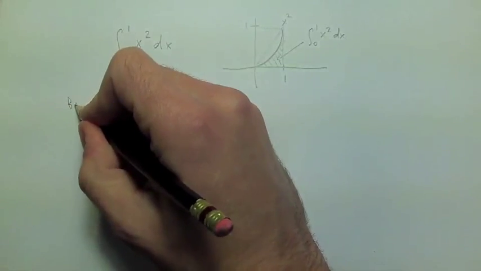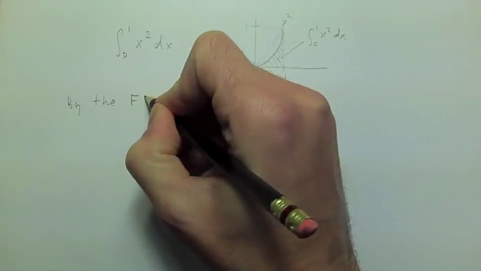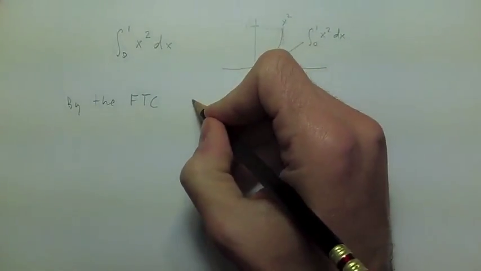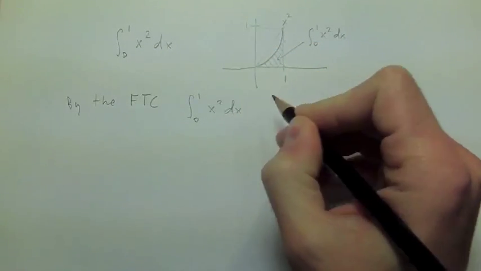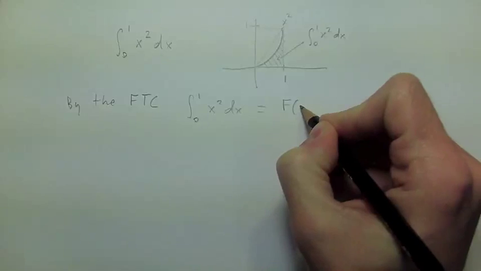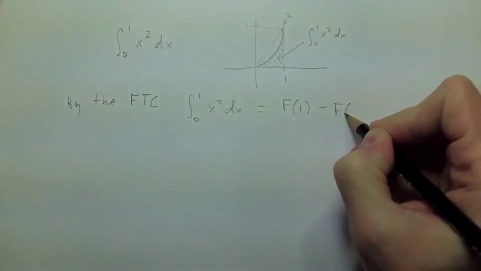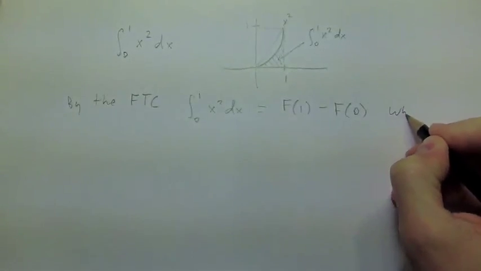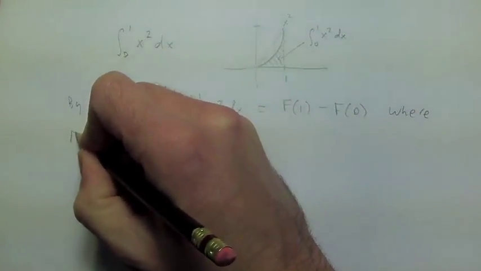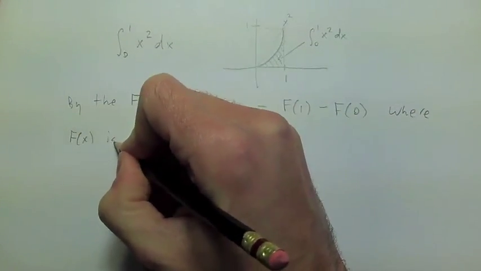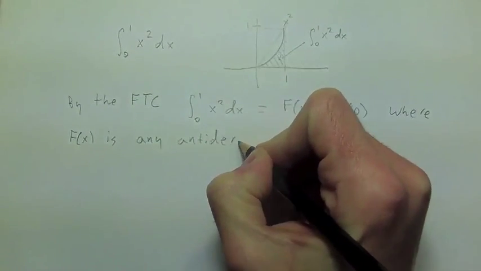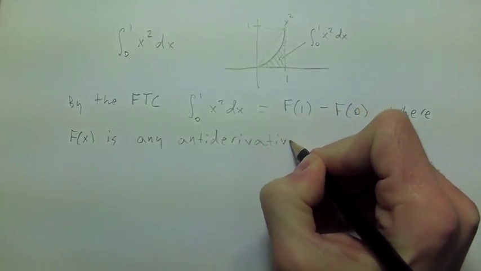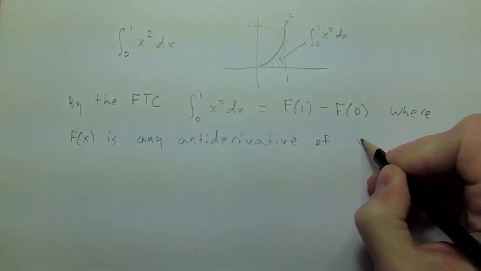I'll say by the Fundamental Theorem of Calculus, which I shorthand to FTC, the definite integral from 0 to 1 of x squared dx is going to be capital F of 1 minus capital F of 0, where capital F of x is any antiderivative of x squared.